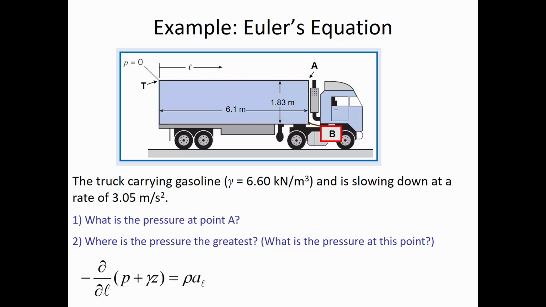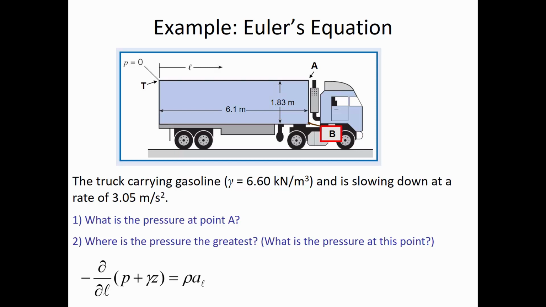So what we could say is we could use Euler's equation where we have the pressure plus gamma z at location B minus the pressure plus gamma z at location T is equal to negative delta x density acceleration in x.